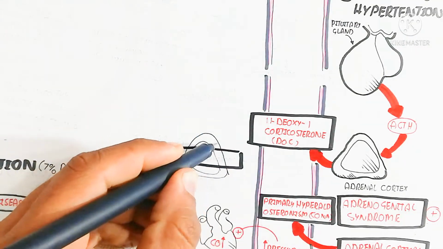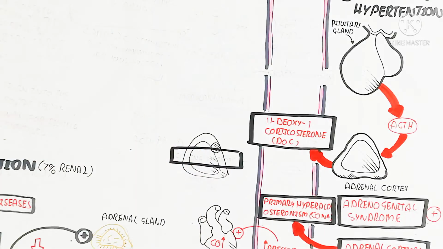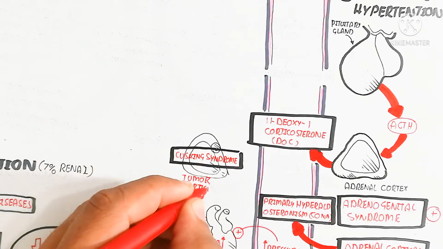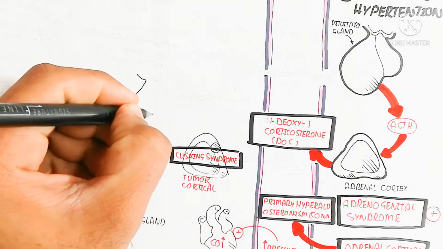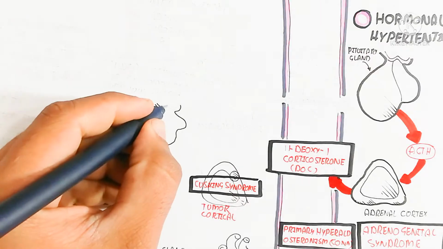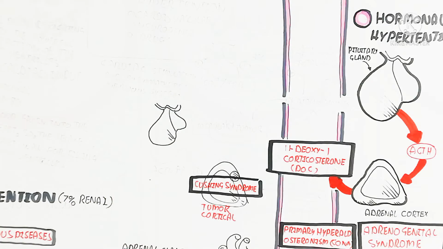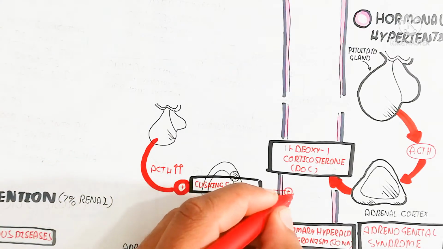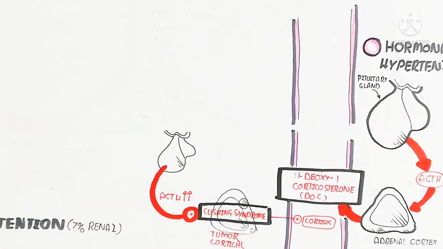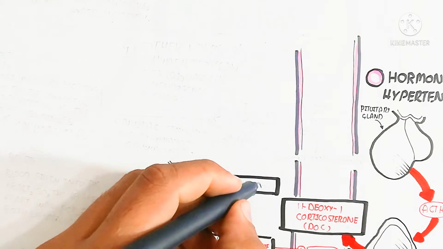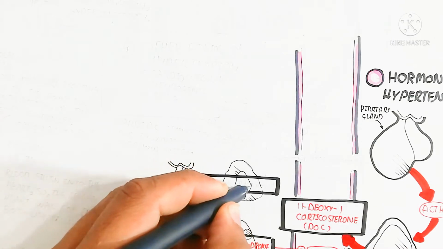On the other hand, here is Cushing syndrome, which basically leads to a cortical tumor. For example, the adrenocorticotropic hormone will be released in larger amounts, and it will also target the medulla, and Cushing syndrome will lead to increased cortisol, with the same mechanism for increasing high blood pressure.